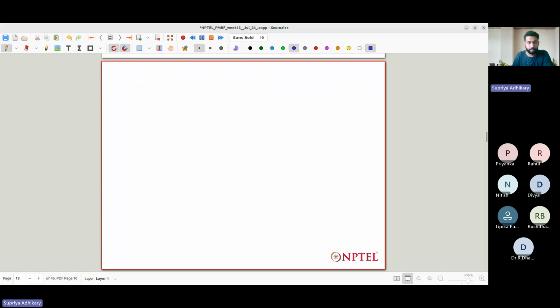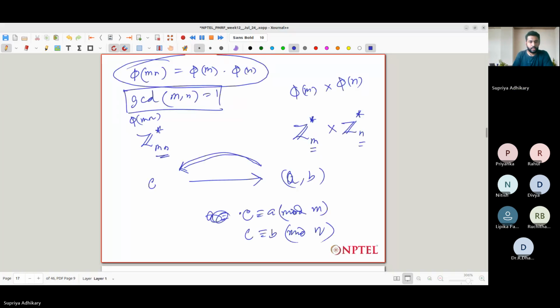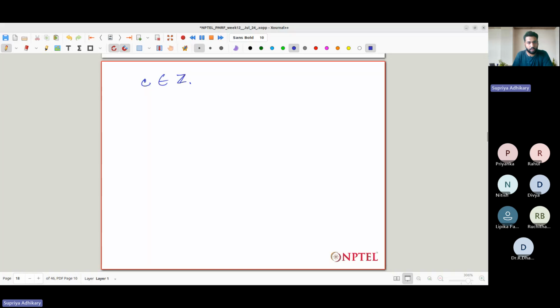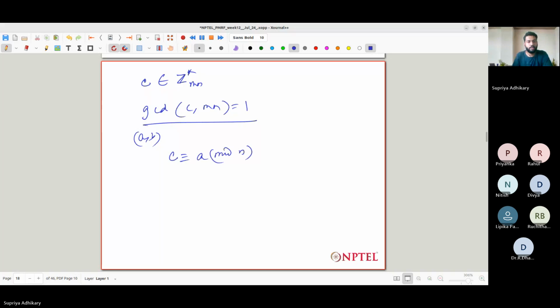So how do we prove this? First of all, we will assume an element over here, that is c in Z mn star. That is, GCD of c and mn is 1. And now we have found a and b, this pair ab, such that c is congruent to a mod m and c is congruent to b mod n.